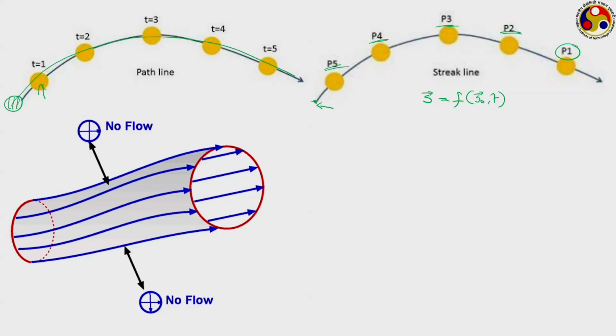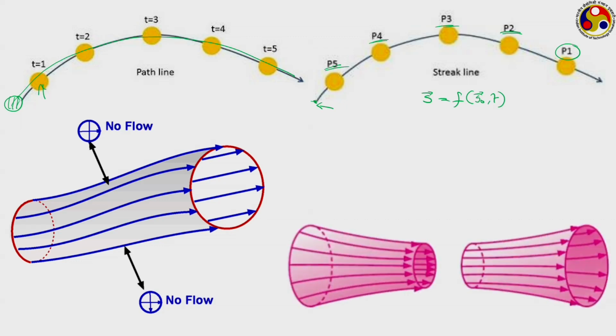So stream tube is something that we shall be making use of now. Of course, the shape of the stream tube may keep on changing, and the cross section area also may keep on changing depending upon the velocity values. Like if the fluid is accelerating, then we may have this kind of situation where the cross section area reduces, because remember each of the streamlines has a different value of stream function.